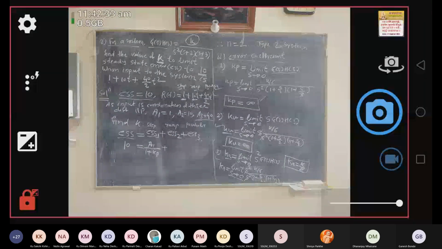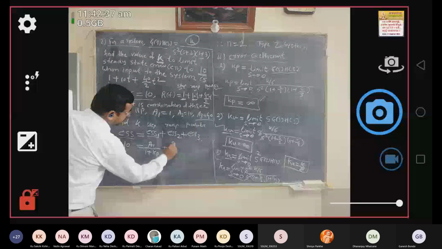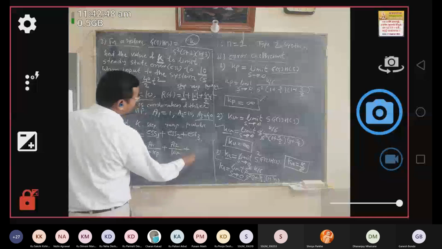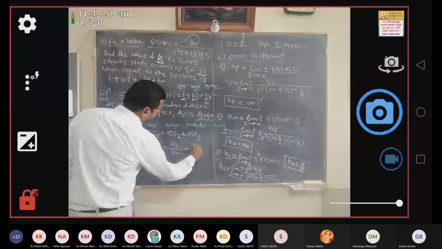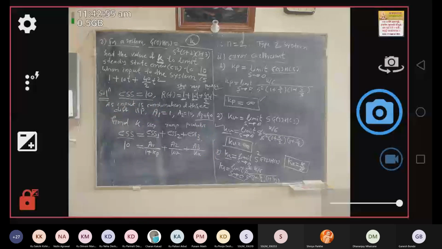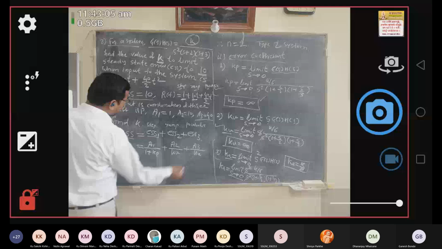That is the steady state error because of the second input, that is ramp. So it will be given by its magnitude A2 by Kv, because Kv is the error coefficient for the ramp input. Then third, A3 upon Ka. Now substitute the values of Kp, Kv, Ka in this expression and find the value of K.